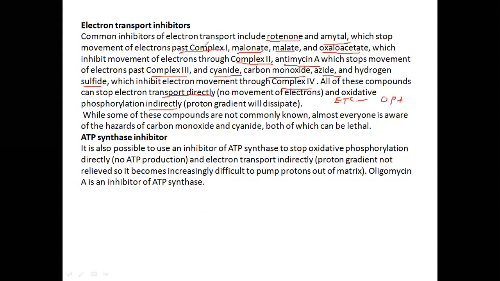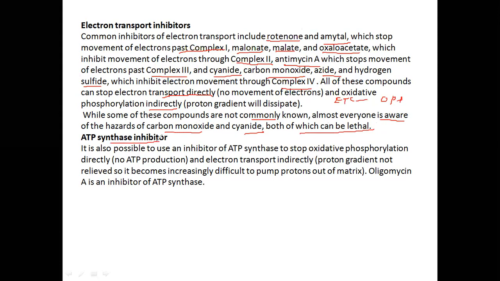So rotenone and amytal inhibit complex 1, malonate and oxaloacetate inhibit complex 2, antimycin stops complex 3, and cyanide, carbon monoxide, azide and hydrogen sulfide inhibit complex 4. While some of these compounds are not commonly known, almost everybody is aware of carbon monoxide and cyanide. Both can be lethal.